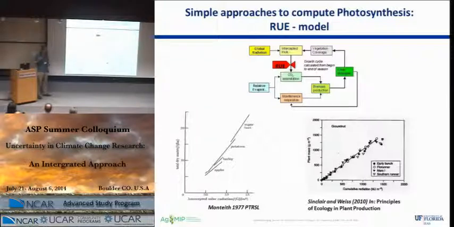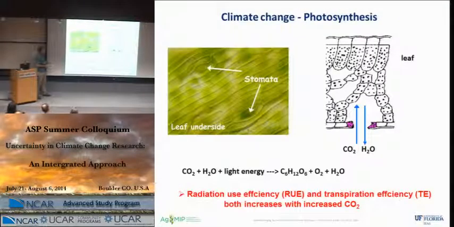So having this knowledge, having this very simple way of translating radiation into biomass, probably most models have a simple radiation use efficiency approach where this is just a parameter which translates intercepted radiation into assimilation and then distributes things to the different organs and respiration and so on.